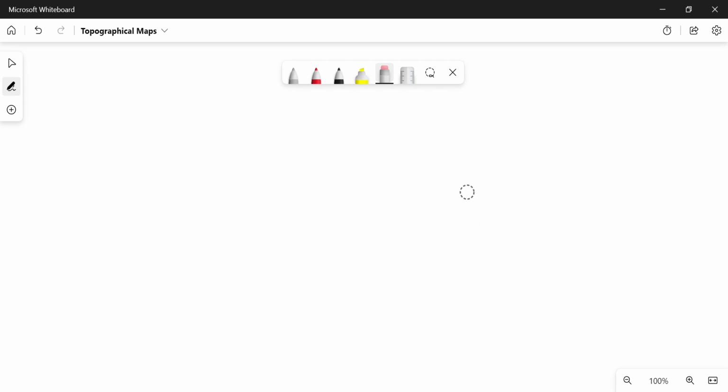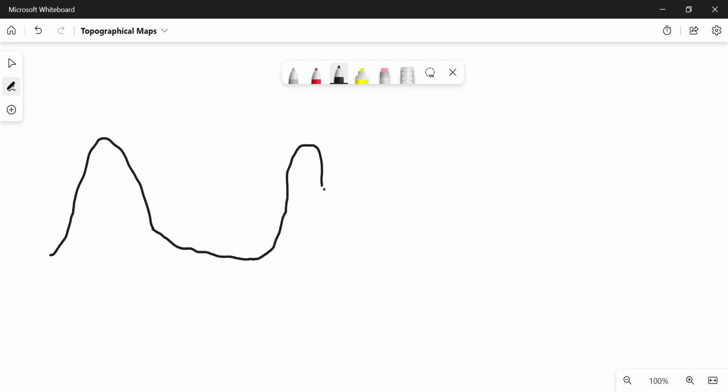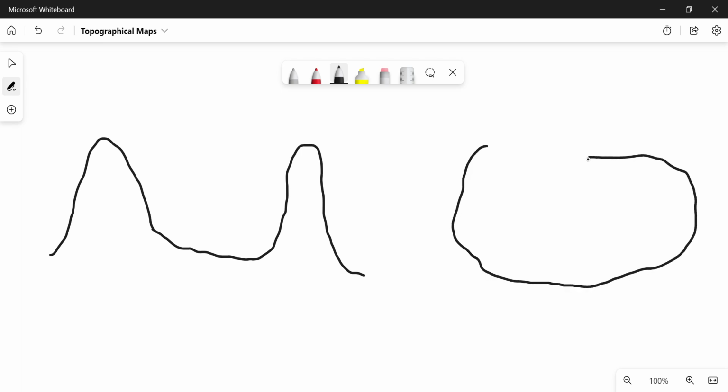Now how do I make a saddle like this? This is just like a drawing lecture, you know. Now let's see how to make a saddle. Let's make the outside diagram first. This is very steep.